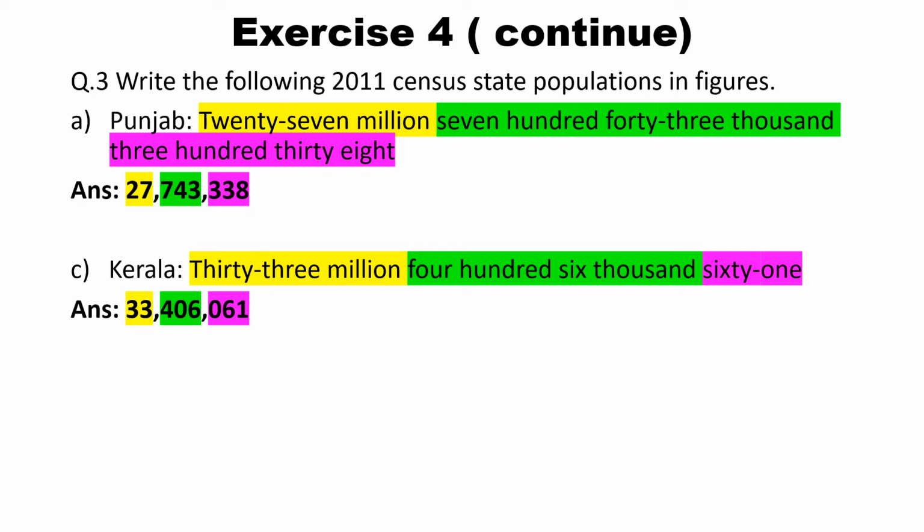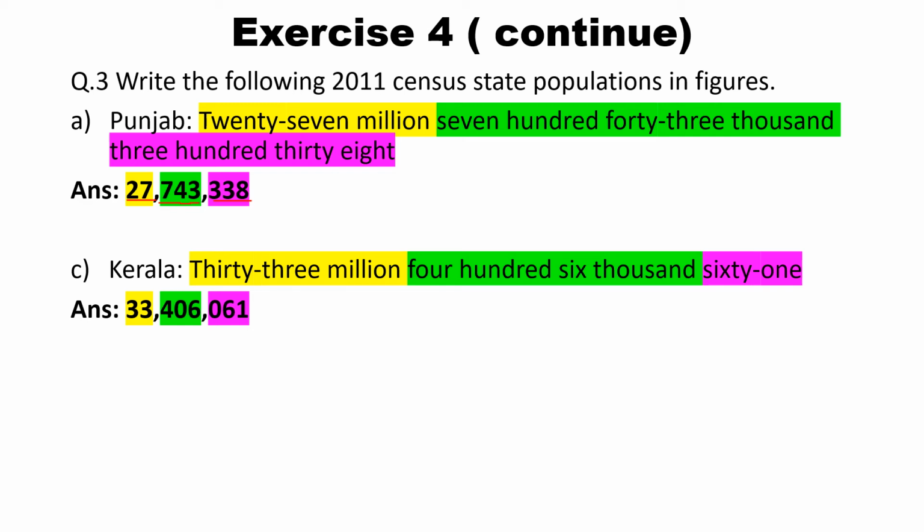We have to write the following 2011 census state populations in figures: 27,743,338. As we all know that this is ones period, this is thousand period, and this is million period. In the international system we have ones period, thousand period, and million.